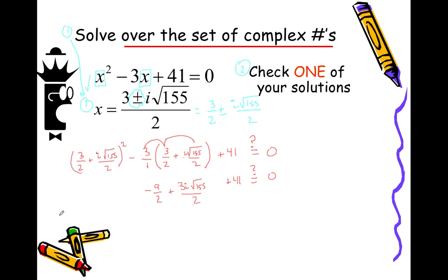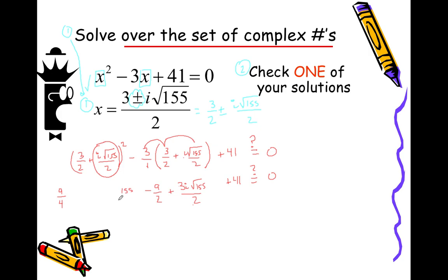This part, be careful with. Square a binomial. Square 3 halves, and what you don't get is 9 halves. What do you get? 9 over 4. Square this. What happens when you square root 155?